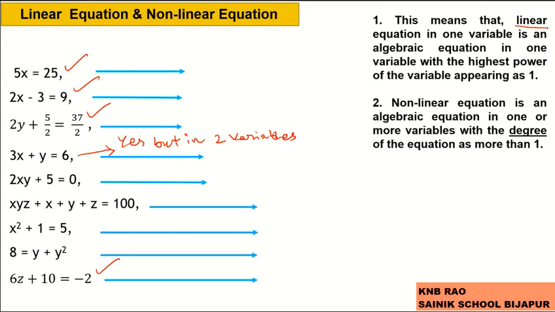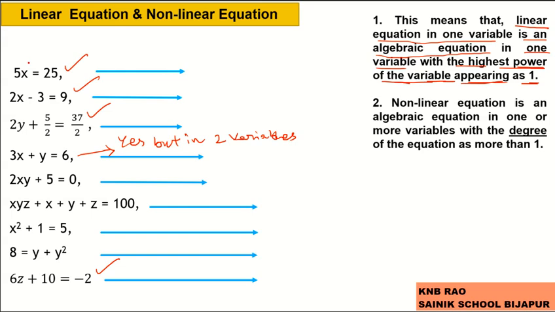A linear equation in one variable is an algebraic equation in one variable with the highest power of the variable involved appearing as 1.